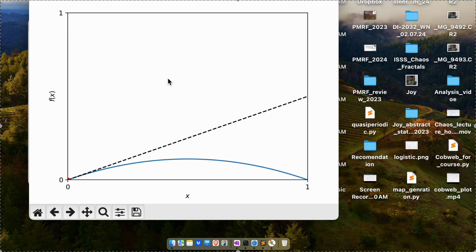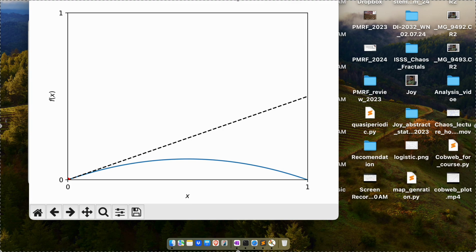You see here this red dot is the fixed point and this black dotted line is the tangent at this fixed point, the origin, x equal to 0, and this is the nonlinear curve. From here it is not quite obvious that near this fixed point the black dotted line actually shows the behavior of the blue line.